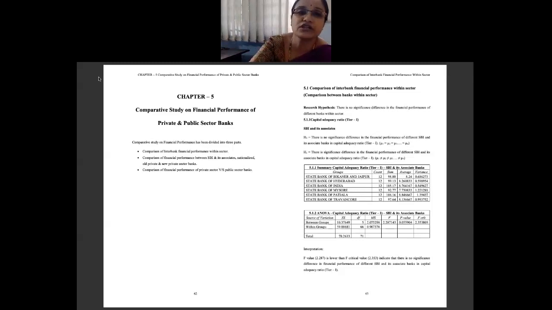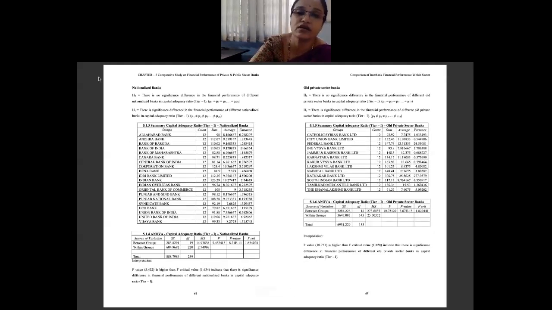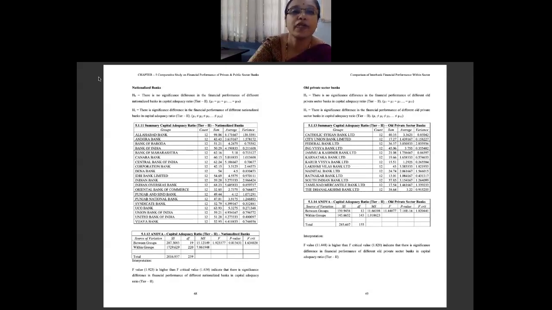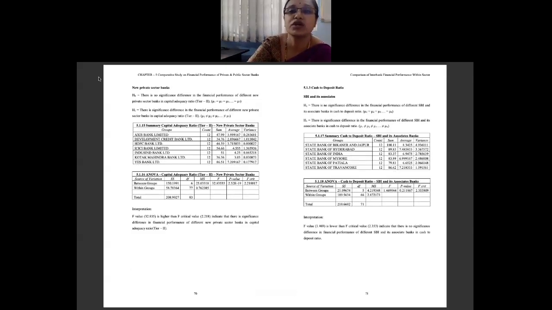Of course, as the title says, they are doing a comparative study of financial performance of private and public sector banks. Based on the various tools that they have told, they have used ANOVA, and I think the variance and t-tests.